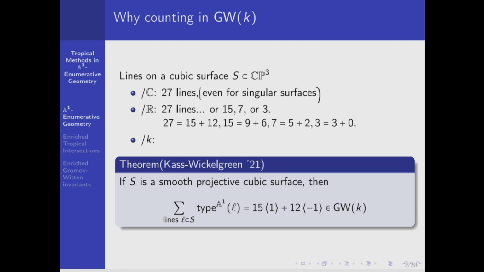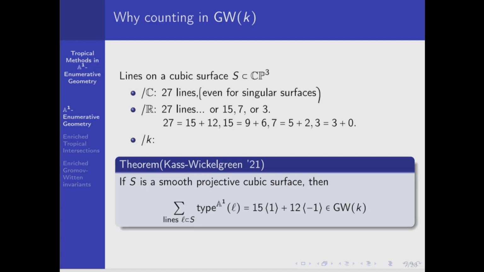And that is an invariant. Actually, we can compute it as the degree of a Chern class of the tautological bundle over the Grassmannian of lines. But that is the proof. It is a very classical statement that there are 27 lines, and there are many other proofs that this is the case. Now, over the reals, well, it depends.